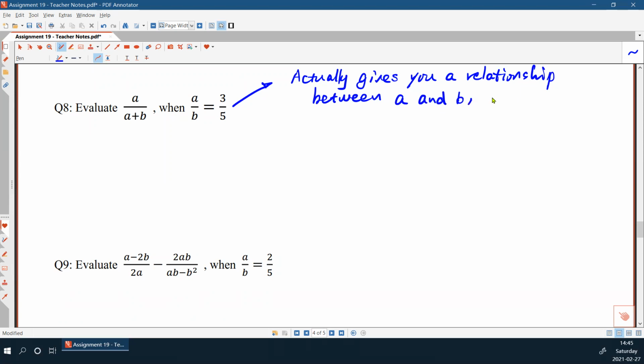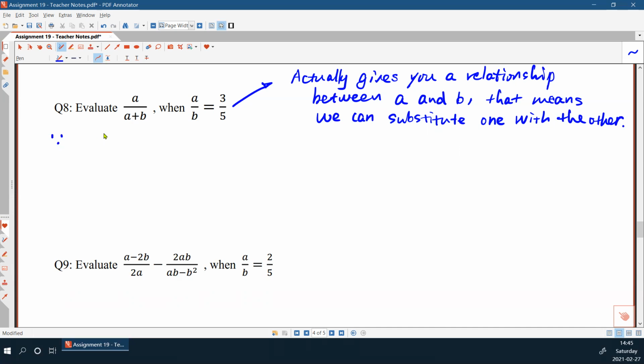So that means we can substitute one with another. Substitute the other, right? Okay, so we can write like this.